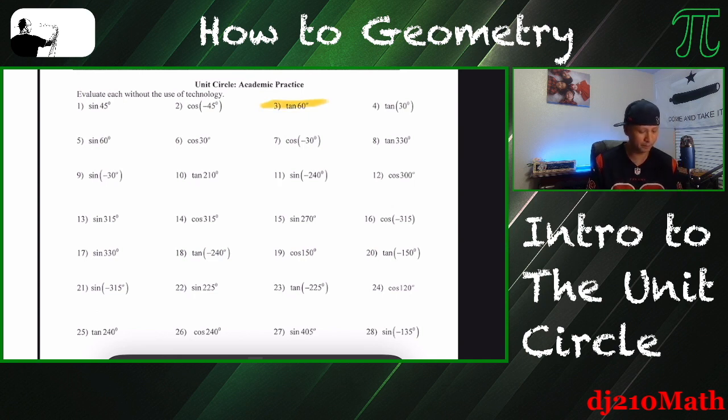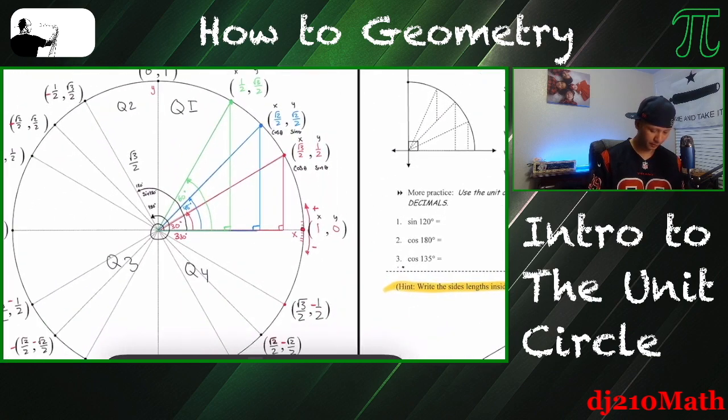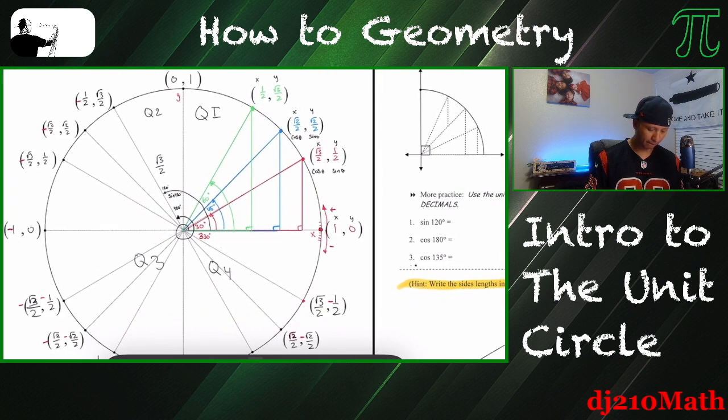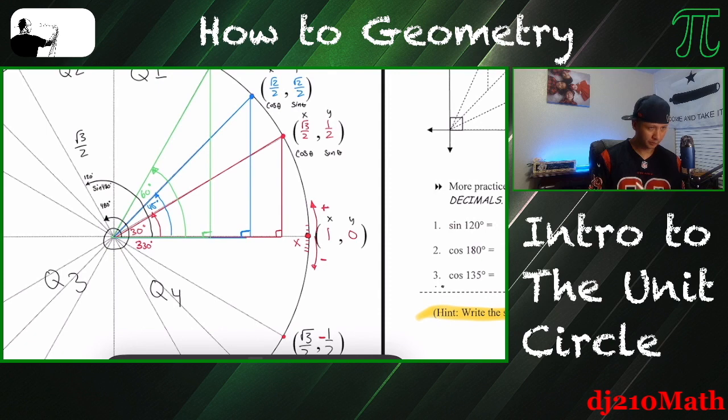We didn't bring up tangent at all in this conversation. So let's go back to the unit circle and start with the 30 degree angle. Using SOHCAHTOA, if I want tangent of this angle, I would need opposite over adjacent.